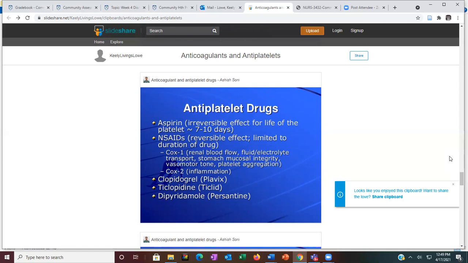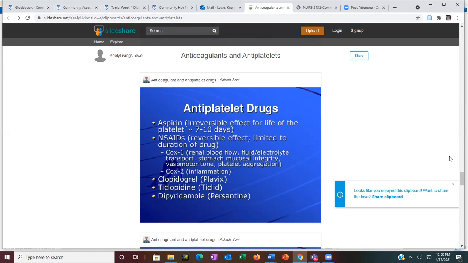Ticlid is a medication that many times, if patients are going to be started on this, they'll come into the hospital and we'll give it to them and continue to watch their level of blood clotting, as well as their heart rate, those type of things. So these other medications can be taken for a longer period of time, and their actual purpose is to work as an antiplatelet, so to prevent platelets from sticking together, whereas aspirin and NSAIDs have that as kind of one of their effects, but they also do other things.